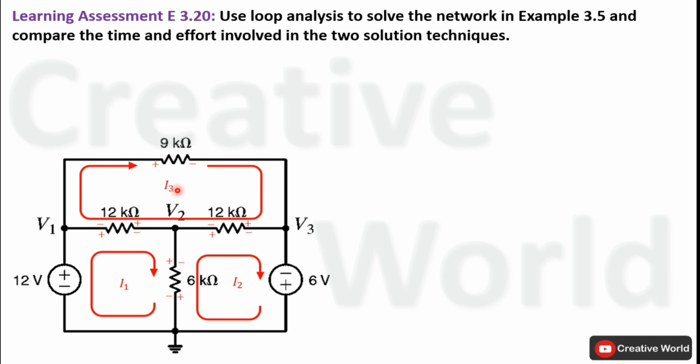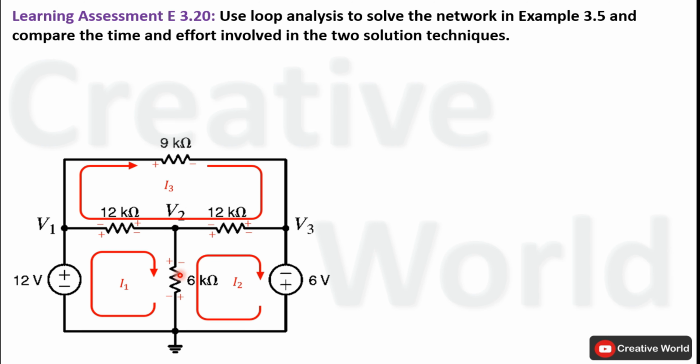According to the directions of these currents, polarity notation across resistive elements are marked. One more thing which I forgot to tell you is that we have to calculate the value of this voltage V2, because in example 3.5 it is asked to calculate the value of voltage V2 on this node.